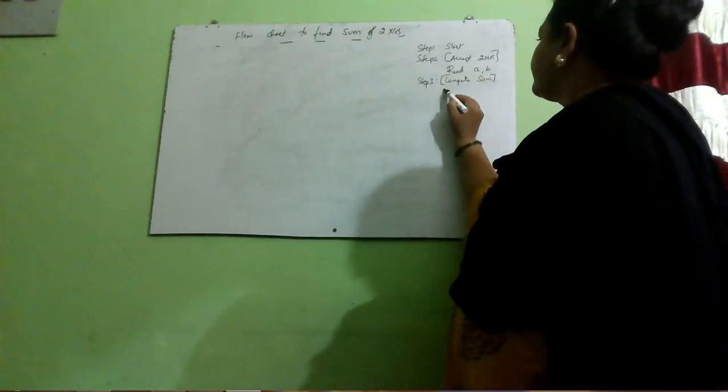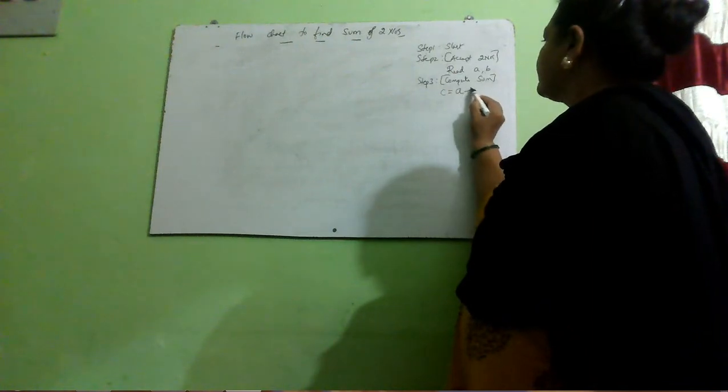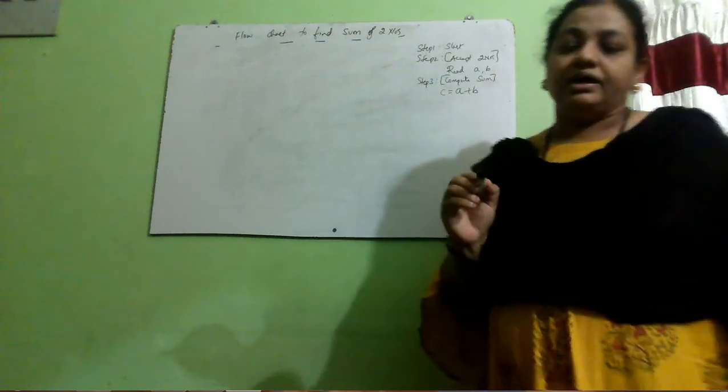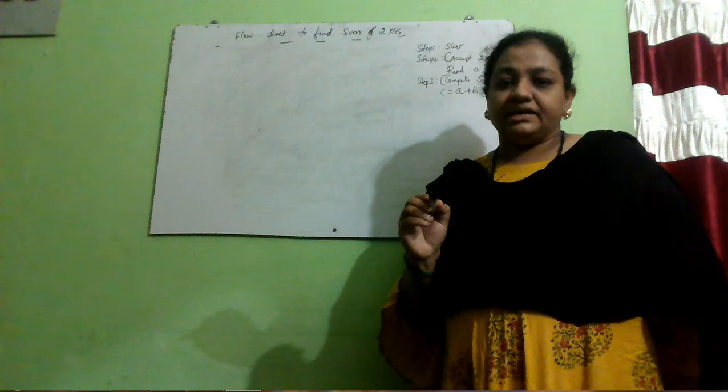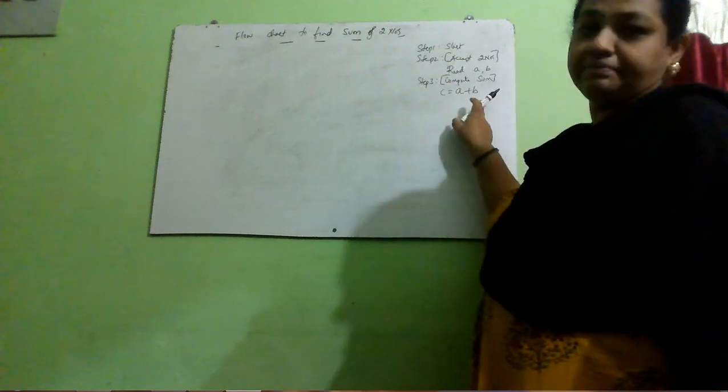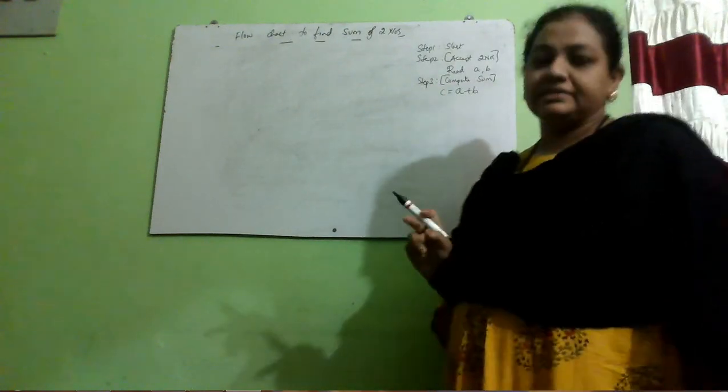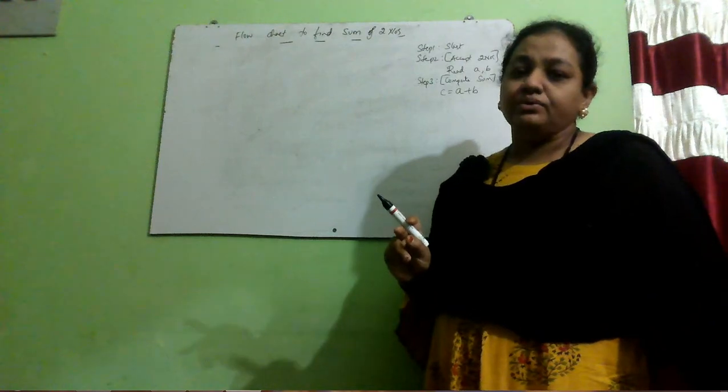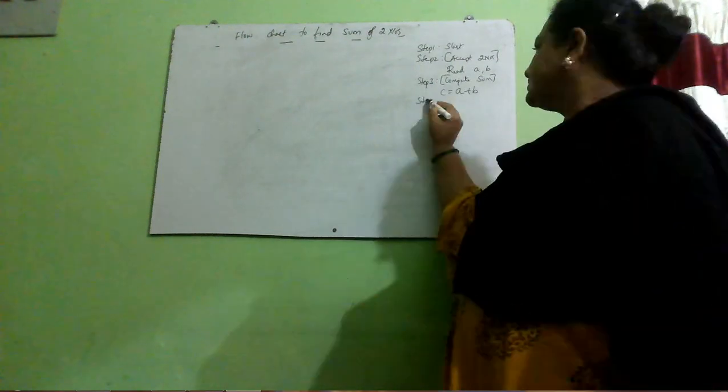How to find sum of two numbers? Finding sum is nothing but adding two numbers. And to add two numbers, first we require two numbers. We start the process. Kindly recall the algorithm.